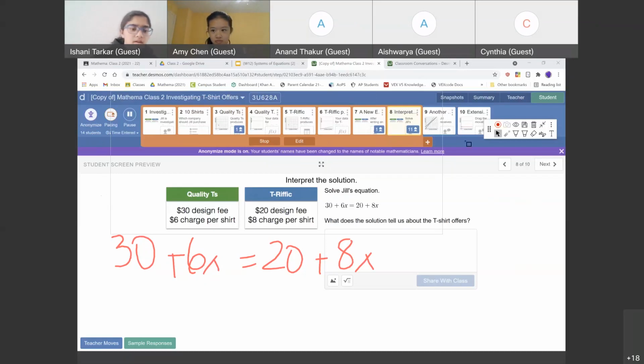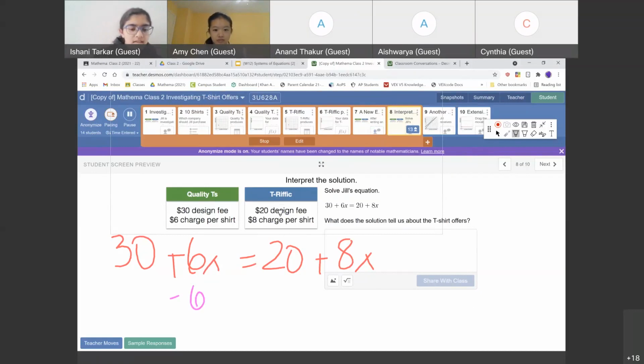Okay, I think most people are getting it, so I shall solve. So we have an equation here which we can solve. We have to isolate the x, meaning we have to get x on one side and everything else on the other.